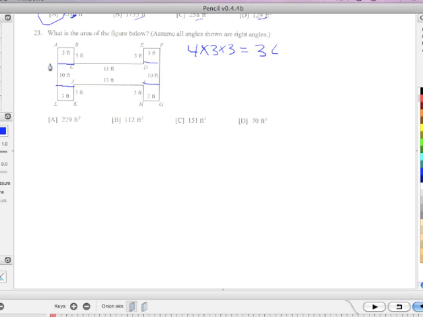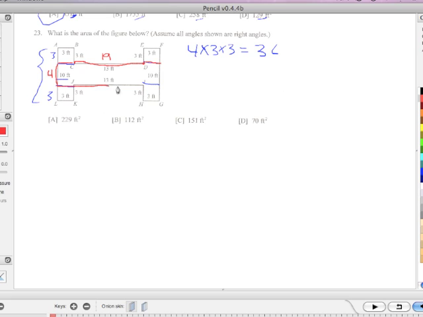Now if we take 3 out of here and 3 out of here, and we know this is a total of 10 feet, then that leaves us 4 feet right here. And if this distance from here to here is 13, we have to add these 3 feet distances here also, so this total distance right here is 13 plus 6, which is 19, and we only have one of those boxes.